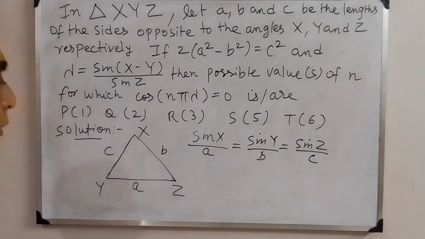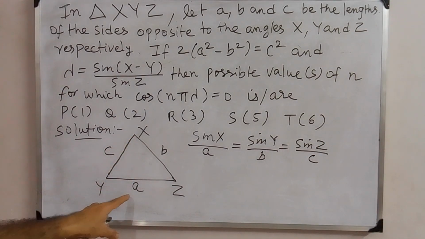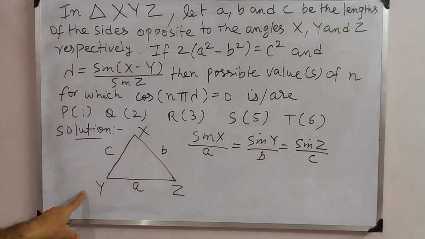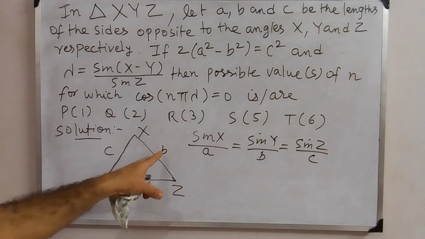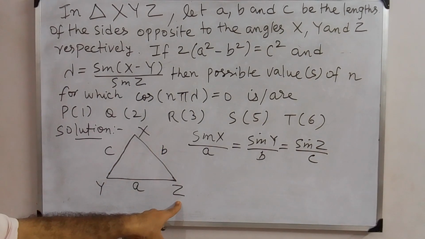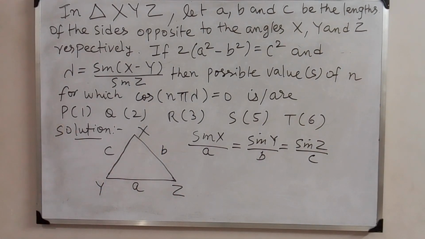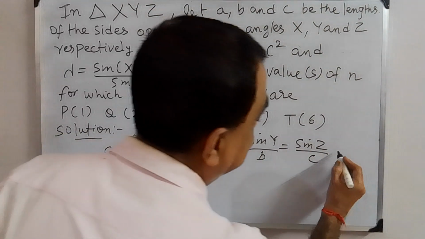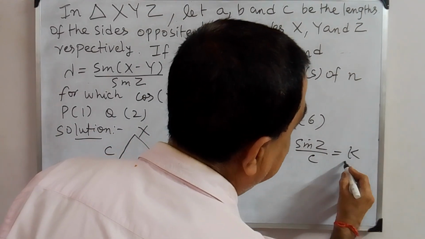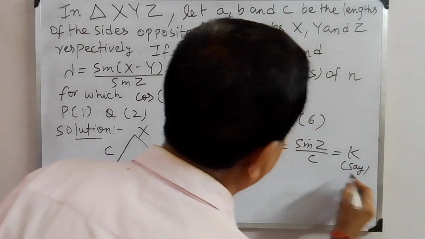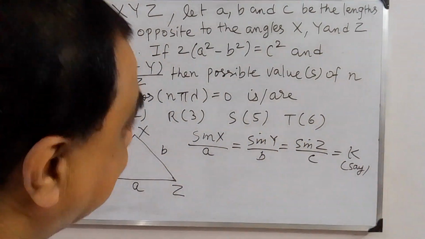This is called the sine rule. And let all these ratios be equal to k. We are assuming that all these ratios are equal to k.